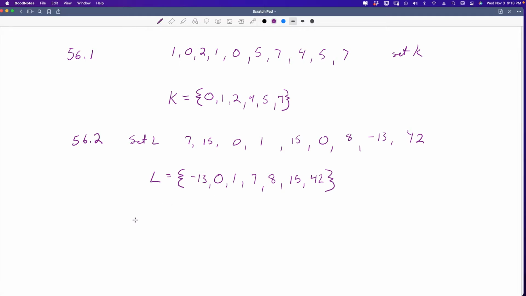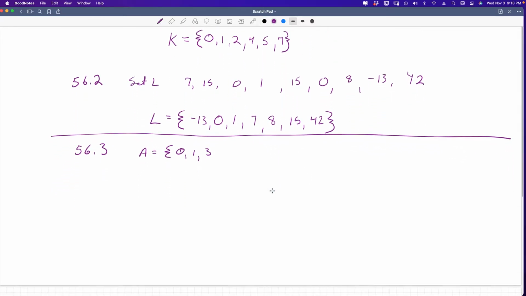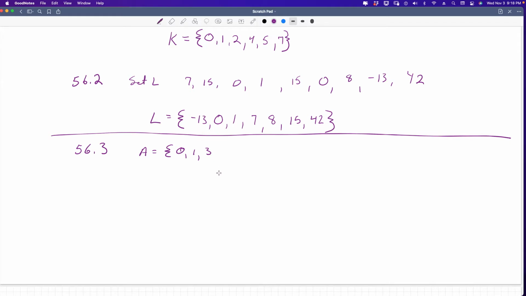So let's look at 56.3. All right, we have been given the sets A, B, and C. A is equal to 0, 1, 3, and 5.